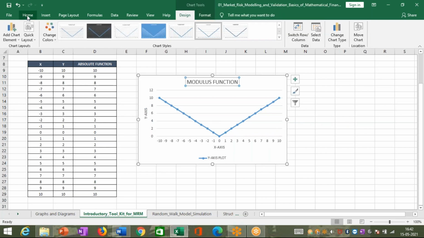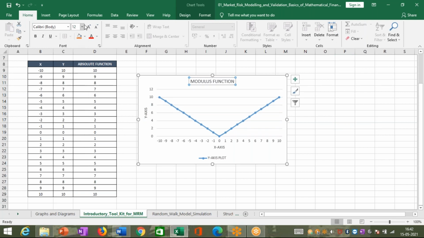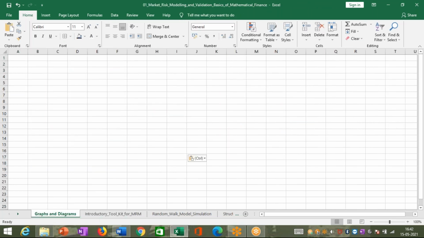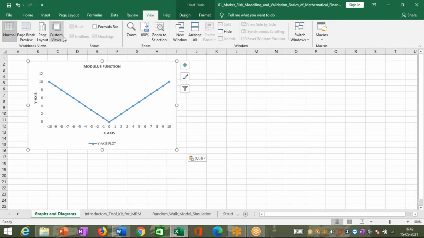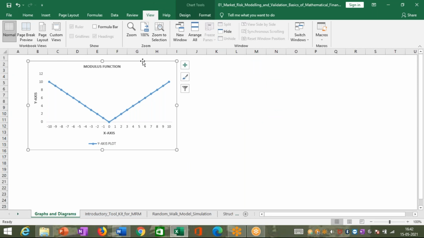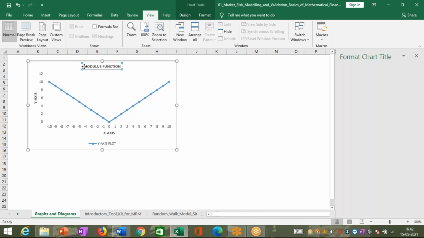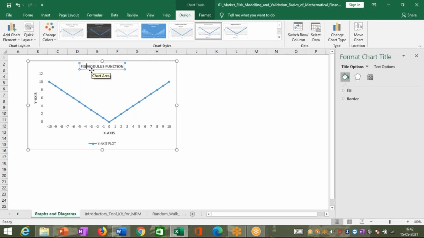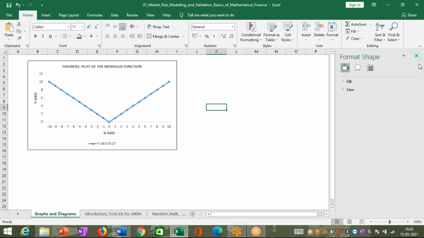Right. So I'll take this function. So over here, what I'll do is I'll say figure 01, plot of the modulus function.